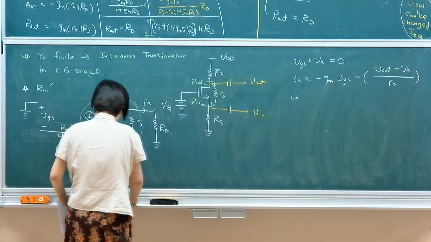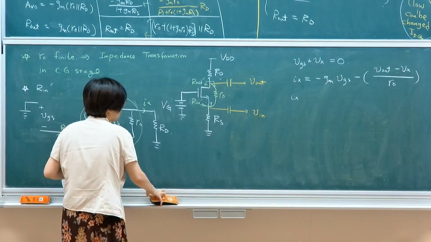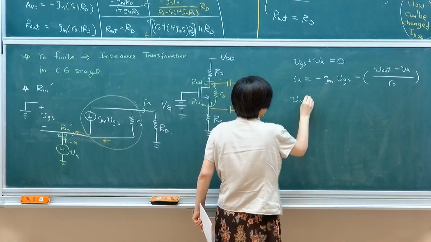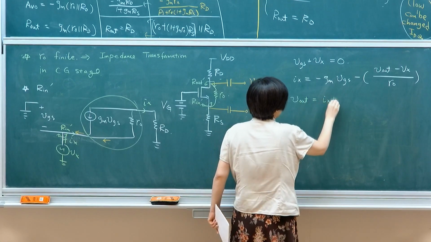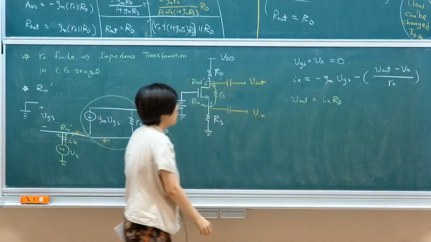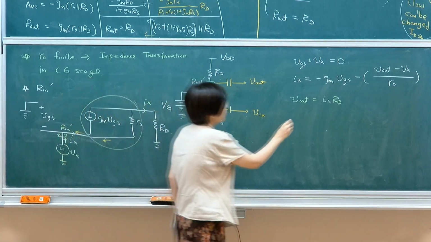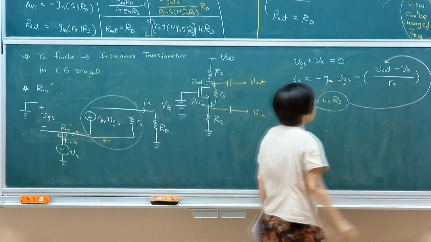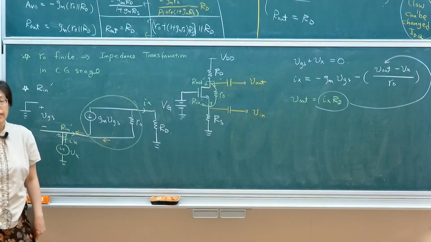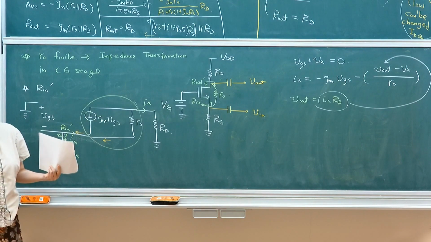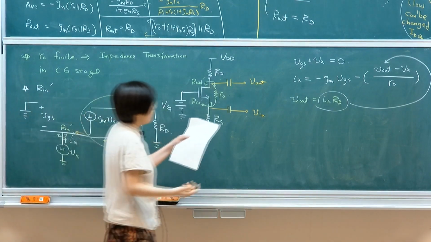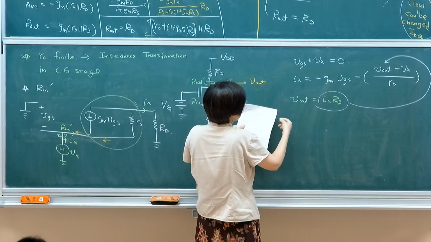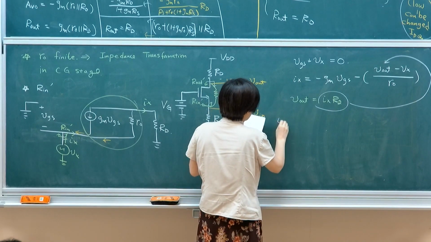So by knowing this, I know my output voltage equals Ix RD. I'm going to put this into this. This is the only unknown, and then everything will be in terms of Ix and Vx. So you simply insert that. Let me write it down.